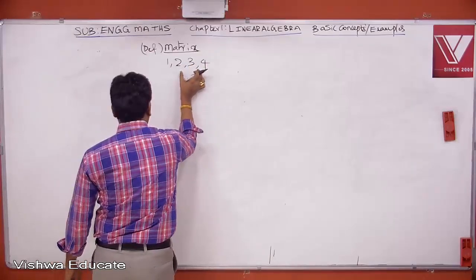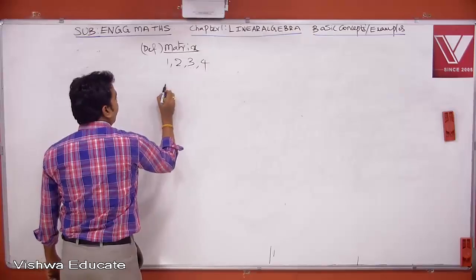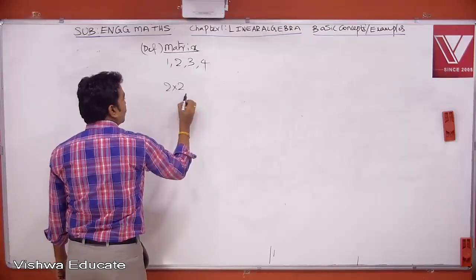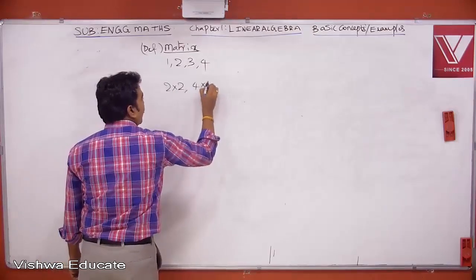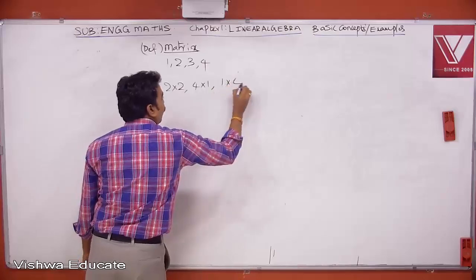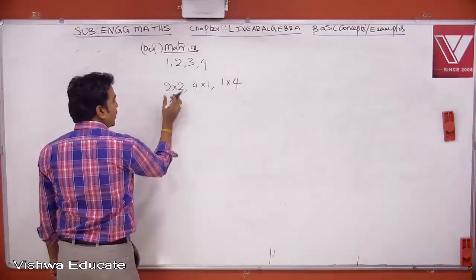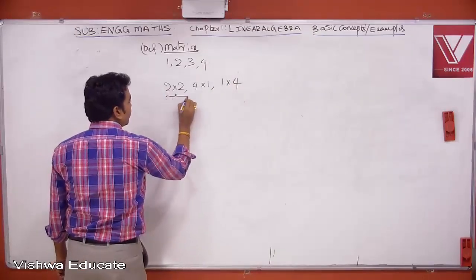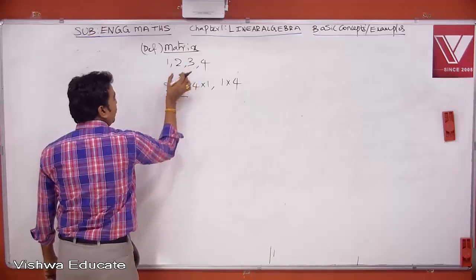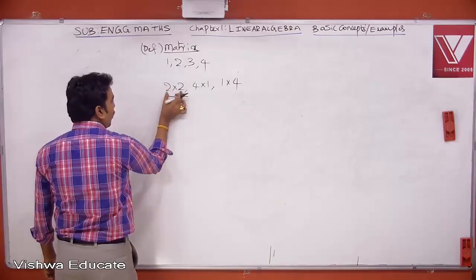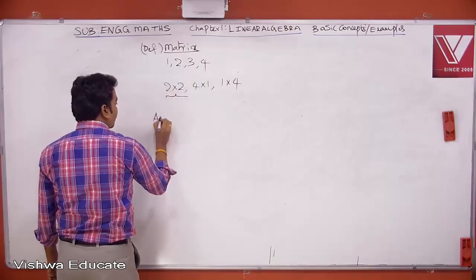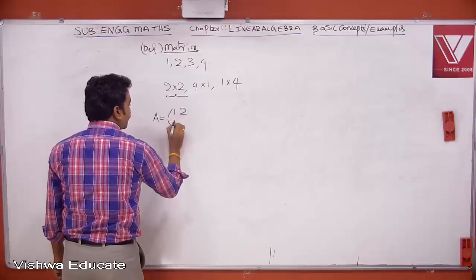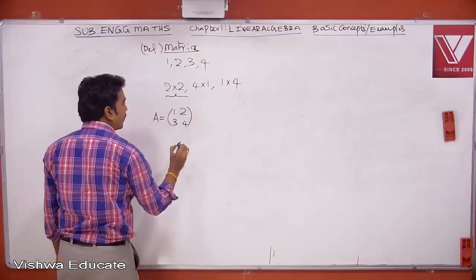Now I can arrange all these 4 elements in the form of 2 rows, 2 columns, 4 rows, 1 column, or 1 row, 4 columns. Let us follow this size. If I maintain these 4 elements in the form of 2 rows and 2 columns, the matrix structure will be like this: 1, 2, 3, 4.